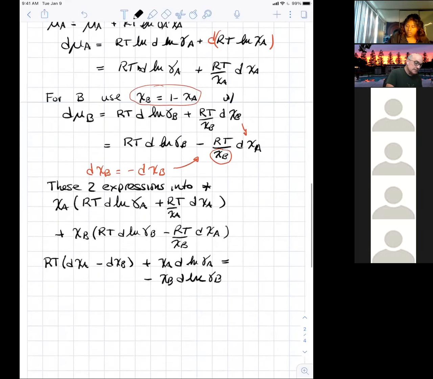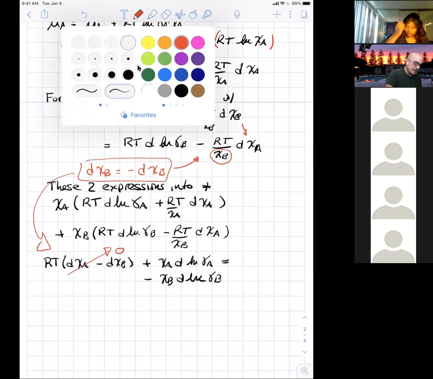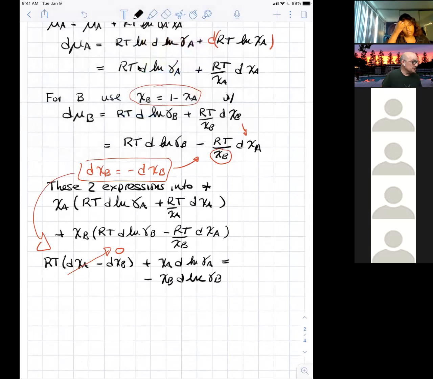All right, this first part here equals 0, right? Because of this. So we use this twice. That gives us a much shorter, simpler expression, right? So I get the d log of the activity coefficient of B equals a ratio times d log.